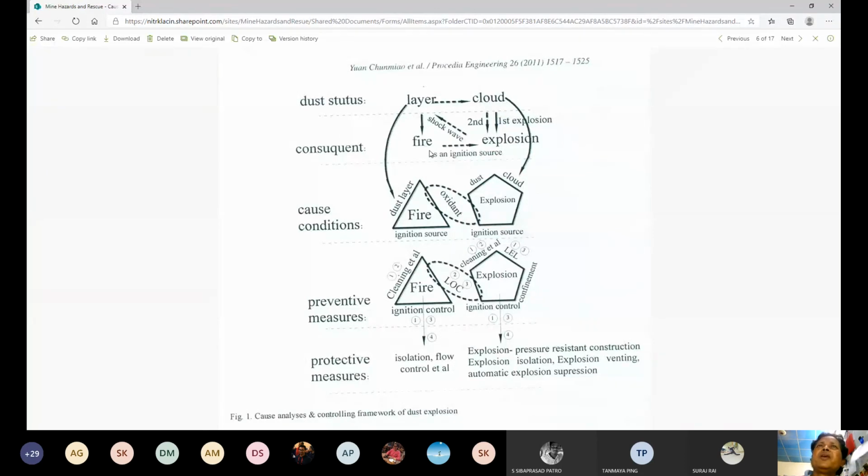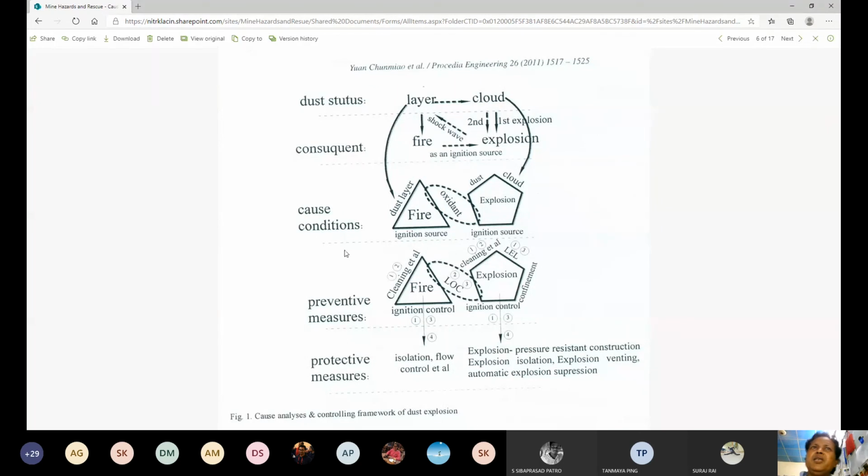So this chart describes the different parameters. What is the status of the dust in your mine? If there is dust in a layer form or in the cloud form, if there is an ignition source, the consequence will be fire and explosion.